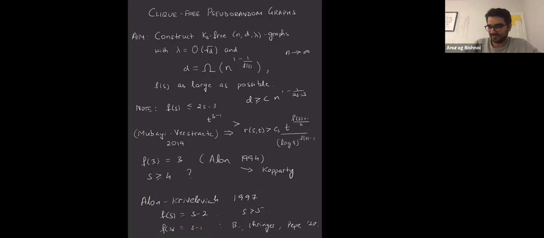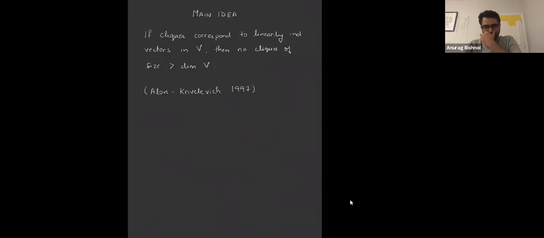Okay, so I guess we can now begin our constructions. And this right here is in fact the main idea, and I believe the only idea we have had so far in the past 25 years or so to actually construct these graphs. I don't know any other idea for these constructions, and that's the basic linear algebraic idea.